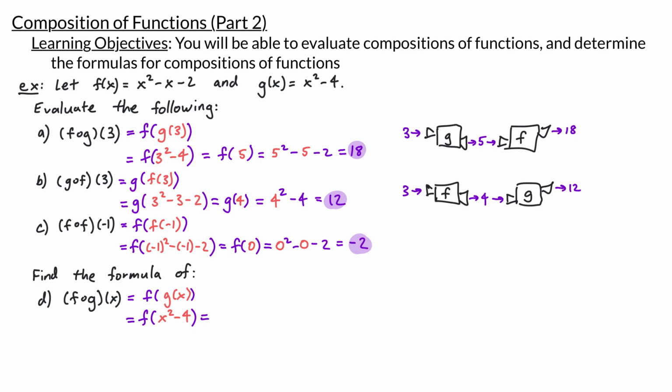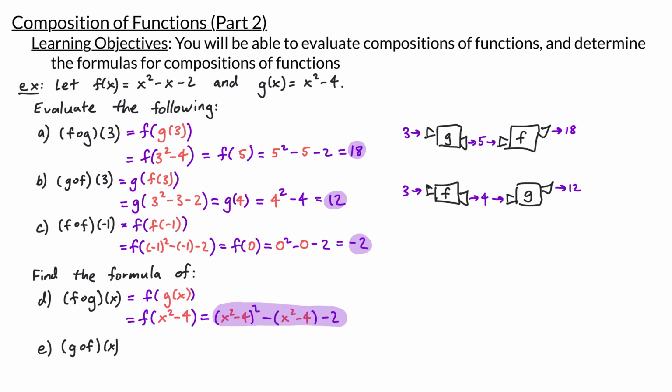So this is going to give us x squared minus 4, this whole thing squared, and then minus x squared minus 4, minus 2. Again, all we did was look at our formula for f of x, and replace the x's with our new input. We replaced the x's here with x squared minus 4's. So this here is the formula for the composition f composed with g.